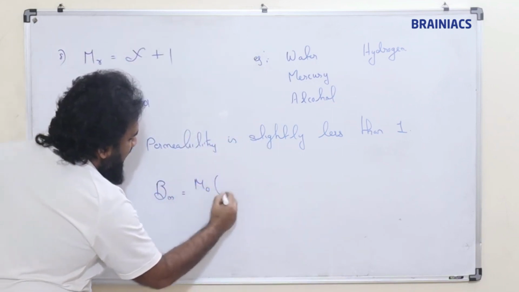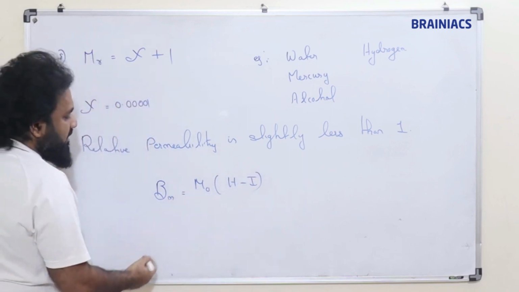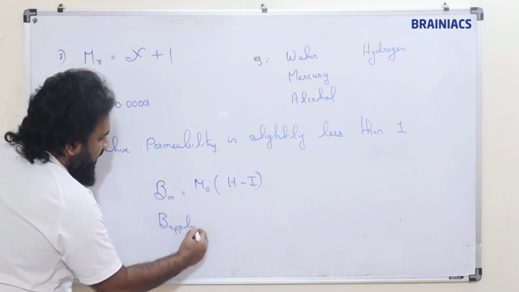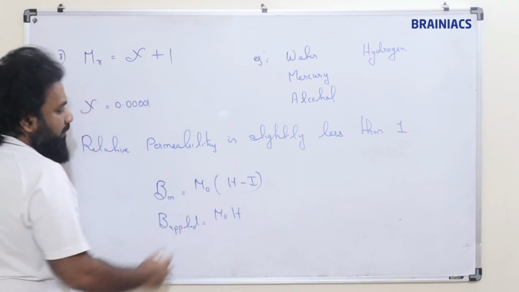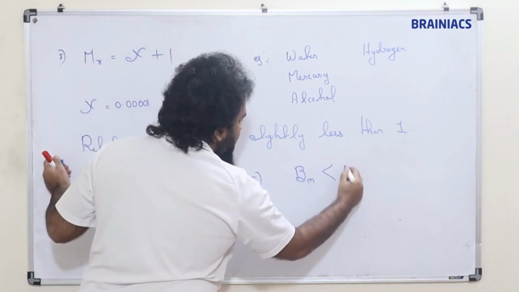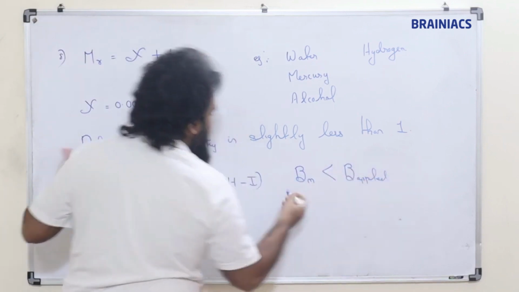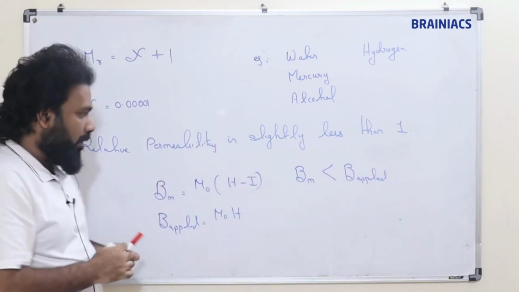Mu 0 H minus I. What is the applied magnetic field? This is going to be mu 0 H. So the magnetic field in the material is less than the magnetic field applied. This also you can add as a point.